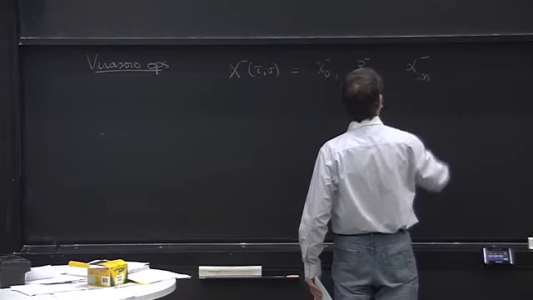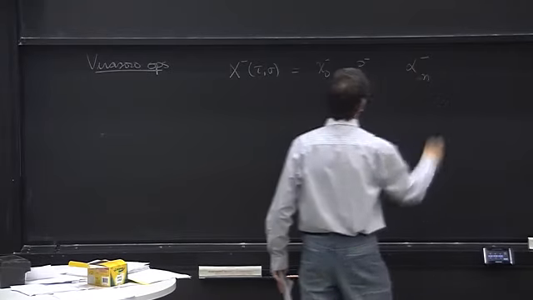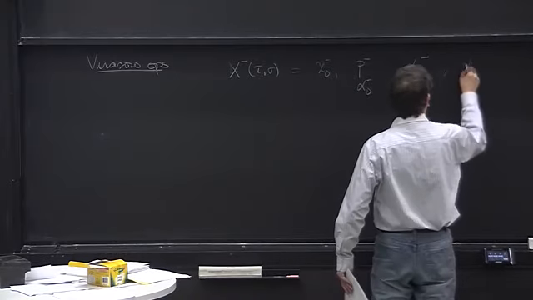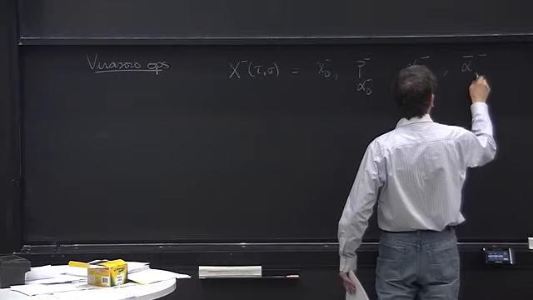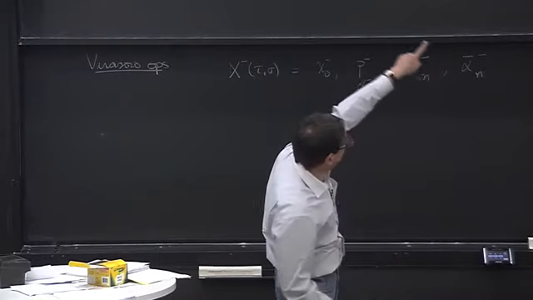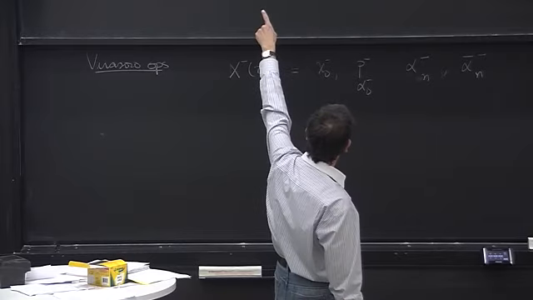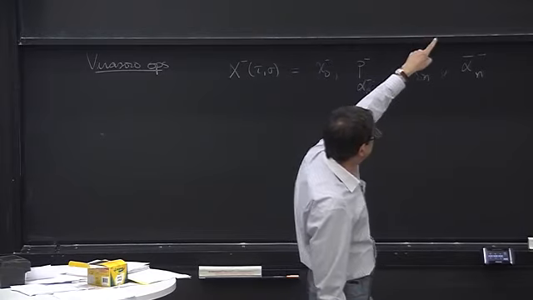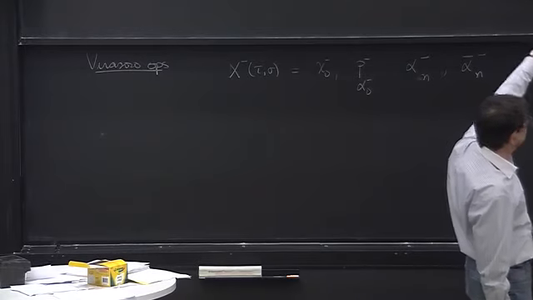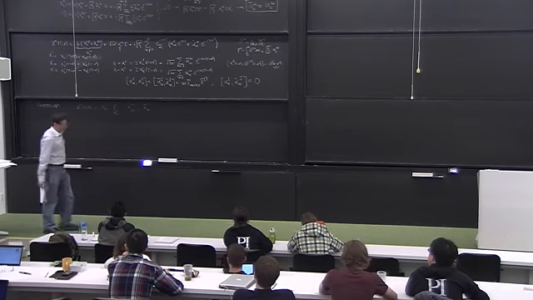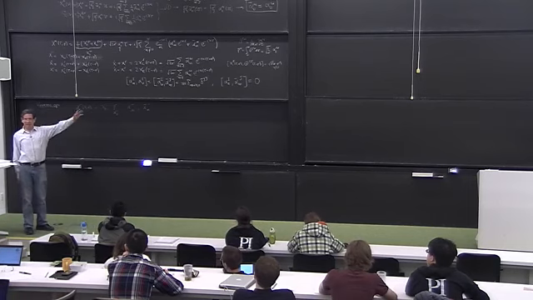and all these oscillators of the minus coordinate, and then you'll have the alpha bar n minus. Just like any coordinate x of tau and sigma, if you put for mu minus, you need an alpha 0 minus, and you need an alpha n minus, and an alpha bar n minus. Now, everything has been defined just like for open strings.